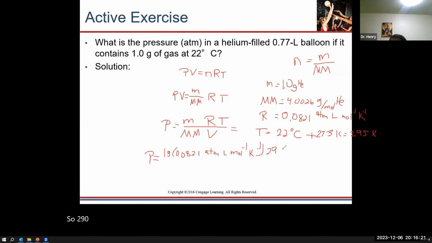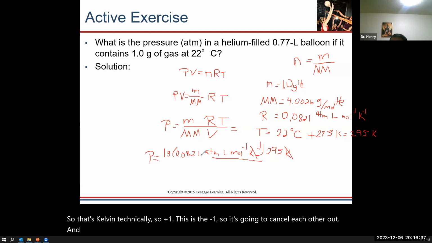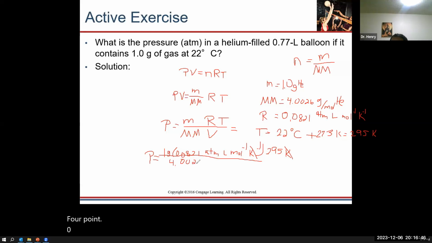295 Kelvin. So that's Kelvin technically to the +1. This is to the -1, so it's going to cancel each other out. And then here we have molar mass, which is 4.0026, and that's grams.